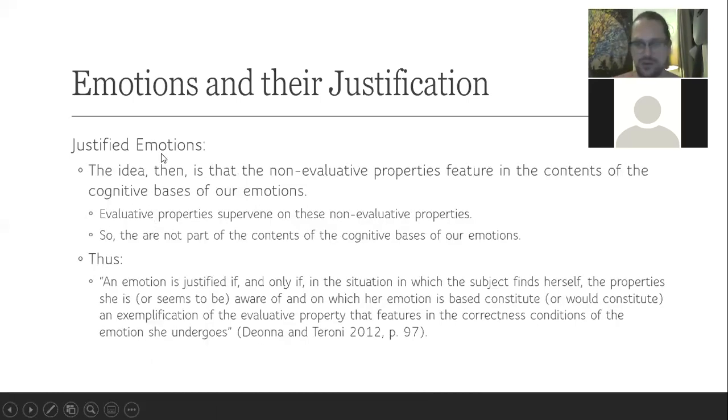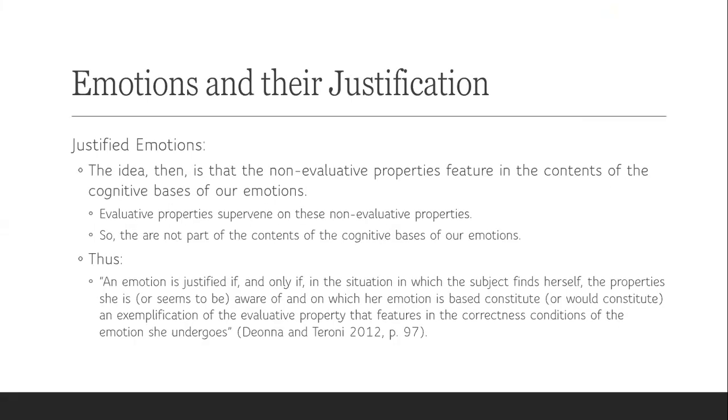Yeah. Justified emotions. Okay, we're nearly there. Let's continue on. So what's the idea? The idea is that non-evaluative properties feature in the contents of the cognitive bases of our emotions. And remember, evaluative properties supervene on non-evaluative properties.